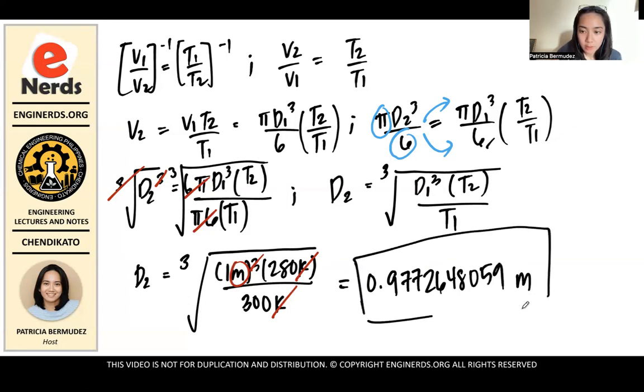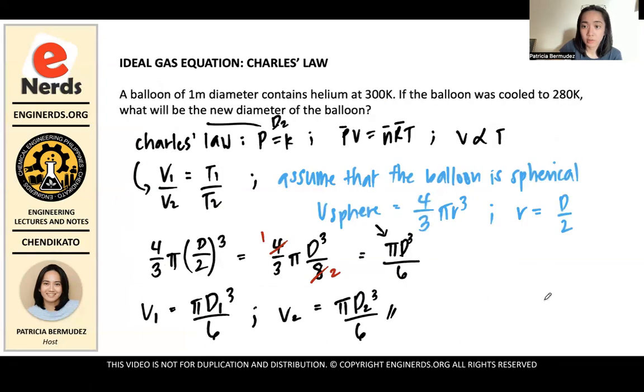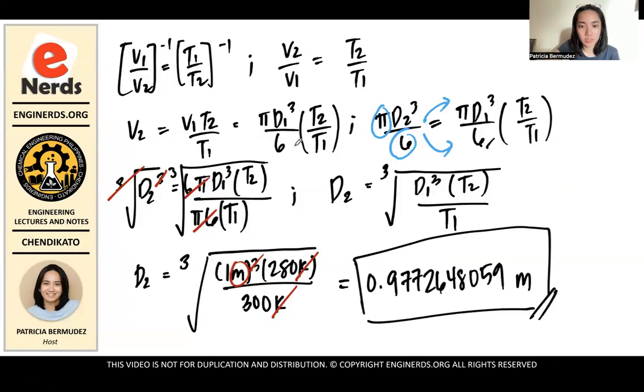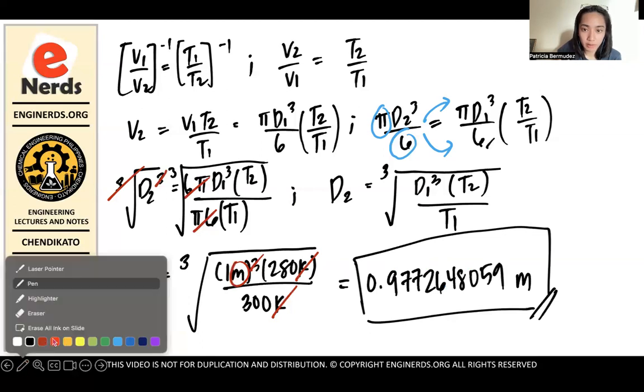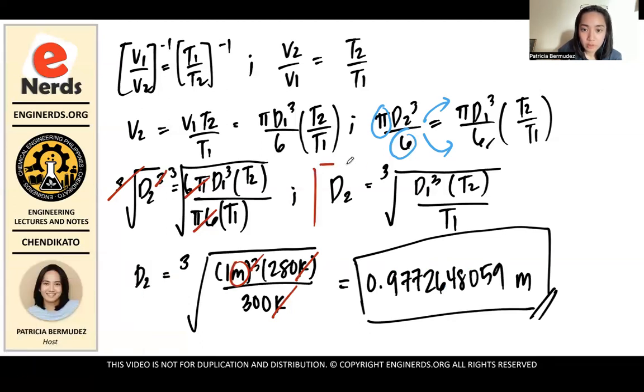So that is the new diameter of the balloon. And for example, ganitong problem ulit yung lumabas, pwede mo na siyang i-direct substitute dito. Ito kasi yung equation na nakuha natin that we have derived that you can use for other problems when you're talking about temperature and diameter. Yeah. So this is our solution for the problem.